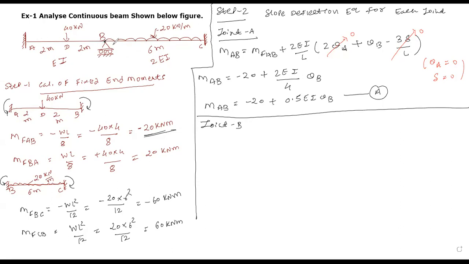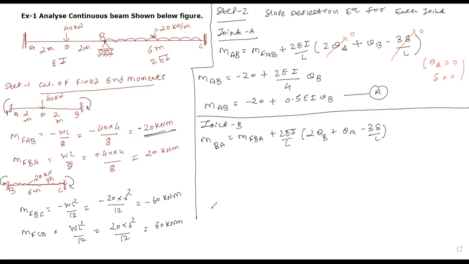So we will write a separate equation for MBA and a separate equation for MBC, similar to joint A. First of all, writing down MBA, that should be equal to the same procedure: MFBA plus 2EI divided by L multiplied by, for joint B, twice theta B plus theta A minus 3 delta by L. Again we have a similar condition.